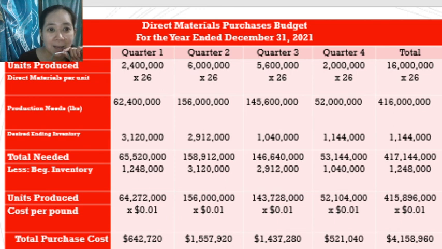Again, our beginning inventory here is from the ending inventory of the previous quarter, and so on for the third and fourth quarter, as well as for the total figures for our direct materials purchases budget. Okay, so this is how you actually prepare our direct materials purchases budget. All you have to do is just follow what is required by the policy.